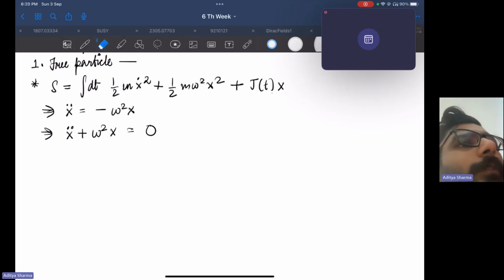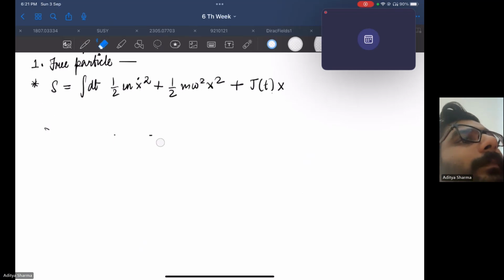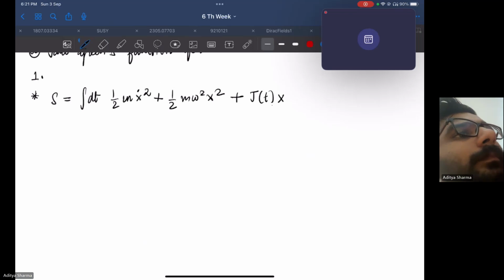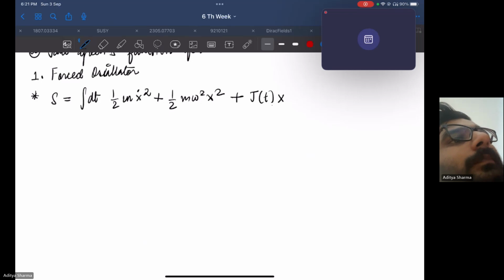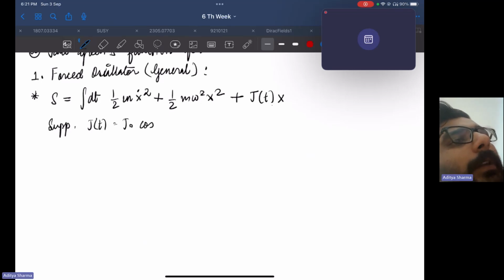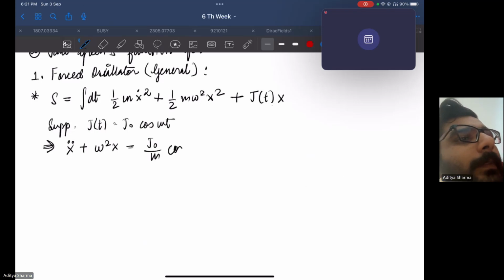So what I mean to say is, if we had a forced harmonic oscillator, suppose J of t is some J naught cos omega t, then the equation is x double dot plus omega naught square x equal to J naught by m cos omega t.